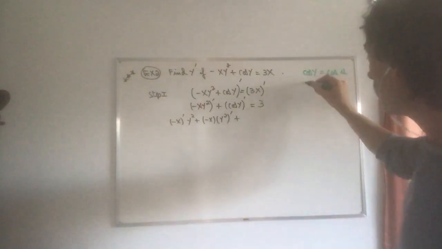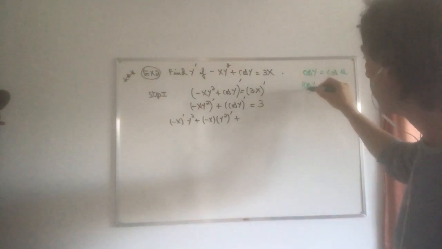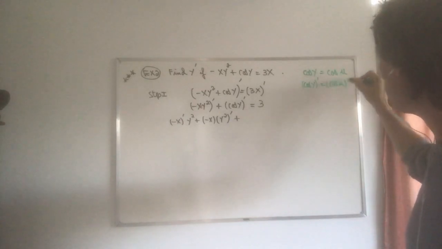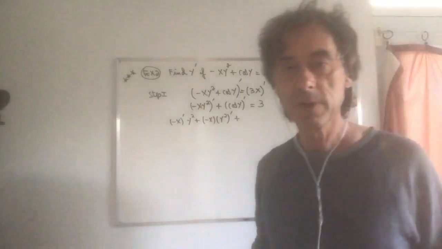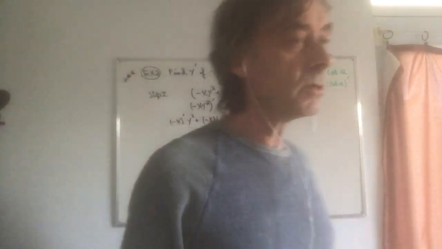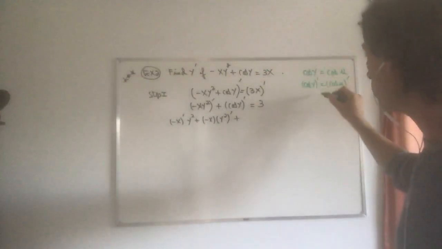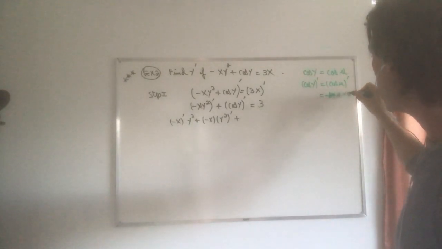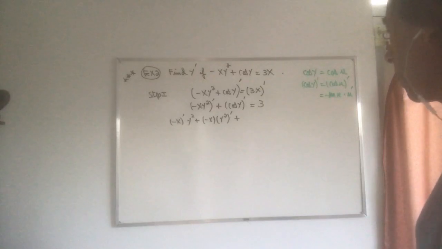And how do you derive cos y? Well, you derive cos y as you would derive cos u. So there's going to be a chain rule attached to the derivative of cos u. What's the derivative of cos u? You remember the chain rule. It is minus sine u times u prime.